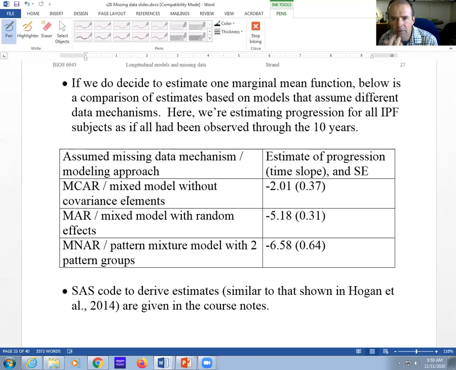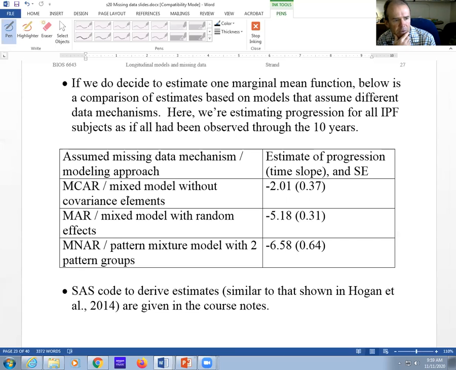Is it missing at random? Well, it depends on whether we can find data that can summarize those differences between the subjects that appear to have the early quick drop and the ones that stay in. So it's possible we could find the data that we would need in order to say that this is missing at random.